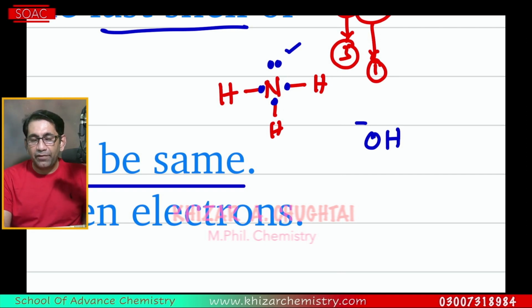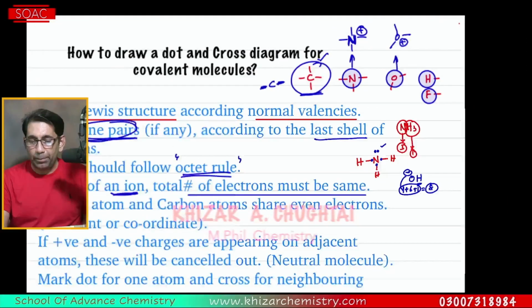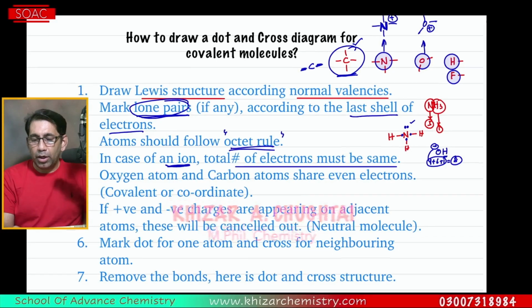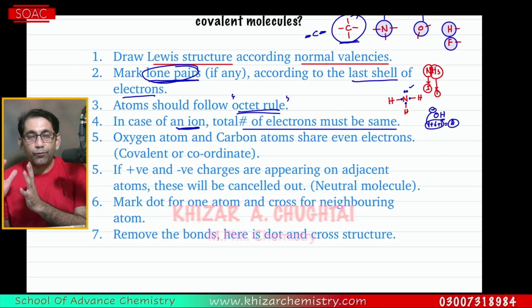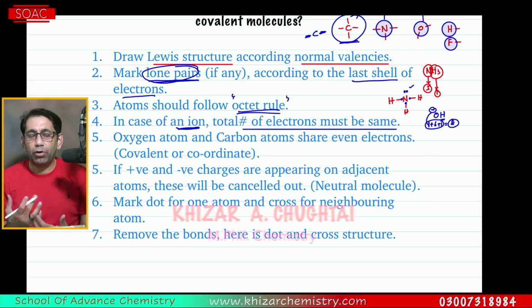This oxygen has 6 last shell electrons. This hydrogen has 1, and 1 electron comes because of this negative charge. So the total last shell electrons must be equal to 8. So in case of an anion, you should be focused on the last shell electrons as well. The number of electrons must be the same.